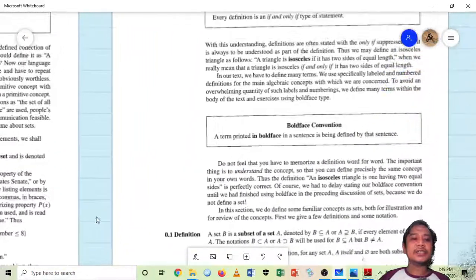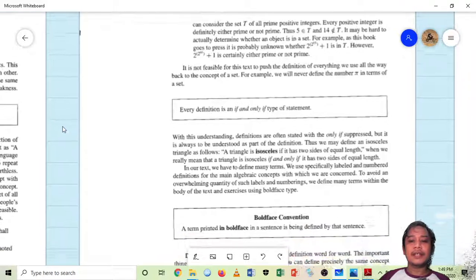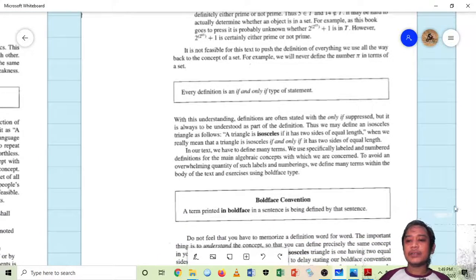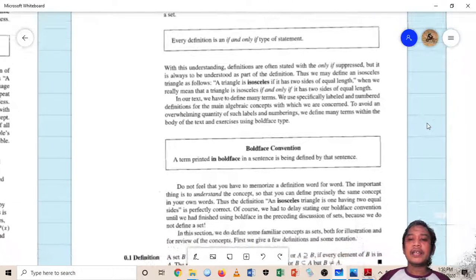So that distinguishes a set from a mere collection. Next, we are reminded that every definition is an if and only if statement. Even if it is stated in a conditional form, we must always remember that it is a biconditional statement when it is considered as a definition.